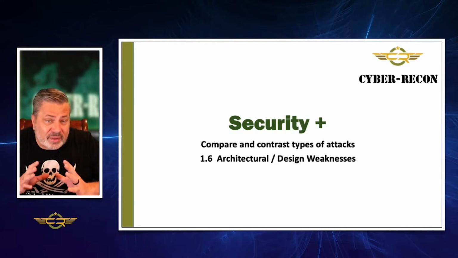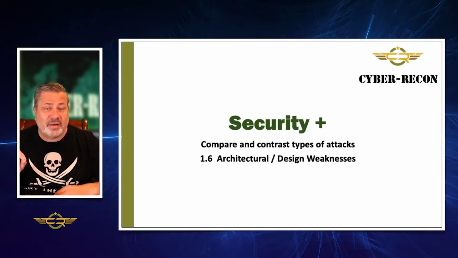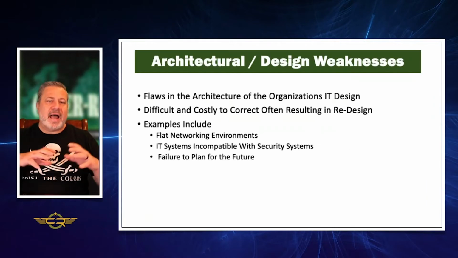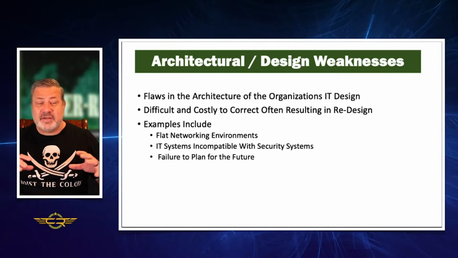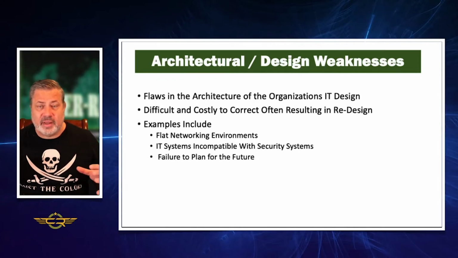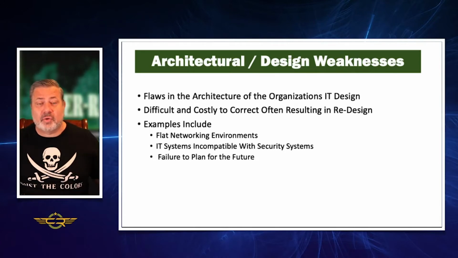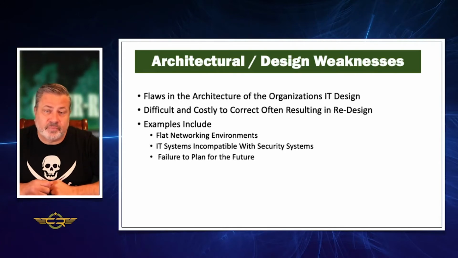Same thing. We're still in 1.6, and we're going to talk about architectural design and weaknesses. So this is really the high-level view of our organization. We should have an IT architect that's building the IT environment, and we should also have a security architect that's making sure that security is working across that entire infrastructure.